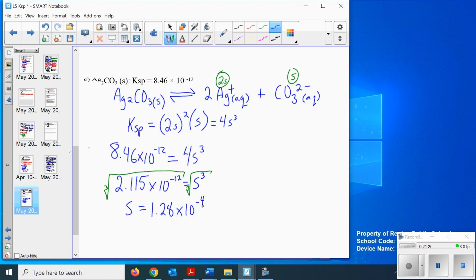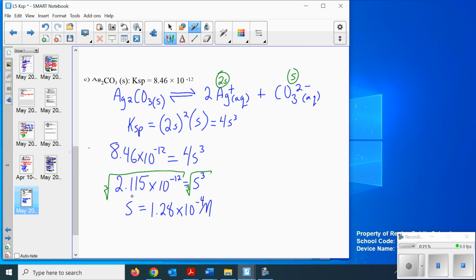This is a solubility, and it should be in moles per liter, so I'm going to use a big M. Why did I only go to 3 digits? Because I started out with 3 digits. I can't put an extra one here. You could have just said 2.12. I knew it's the final answer, but I'm not quite done though. So that's the solubility.